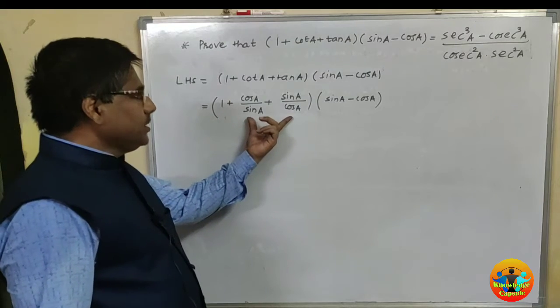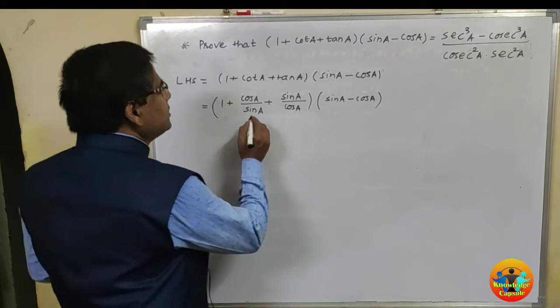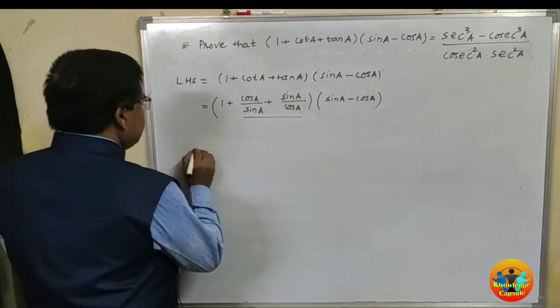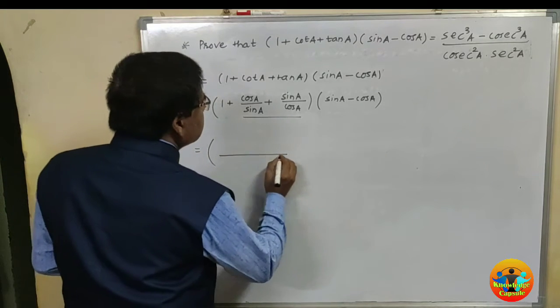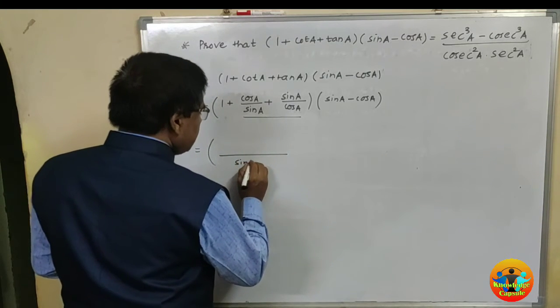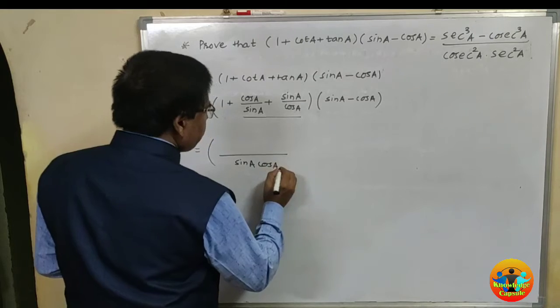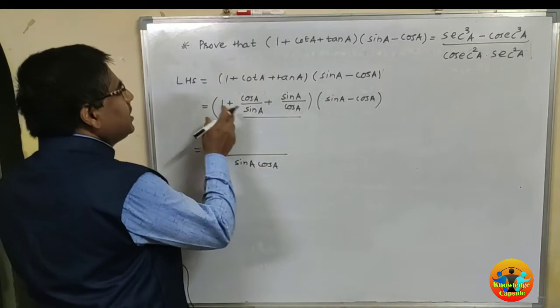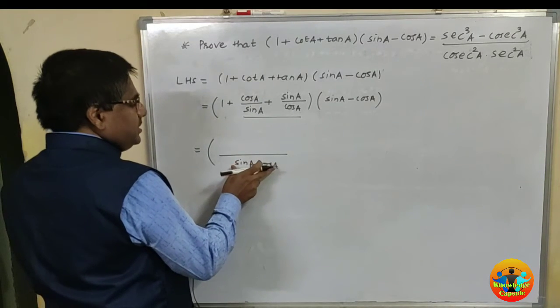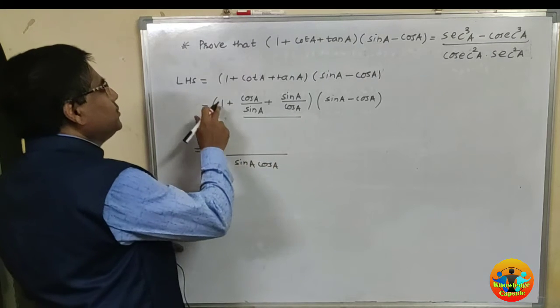Now here let's take LCM as sin A cos A. In the first bracket, we multiply the LCM, that is sin A cos A, by 1.